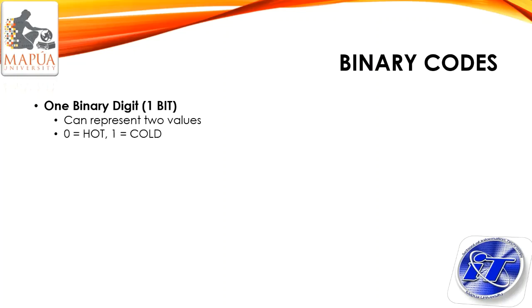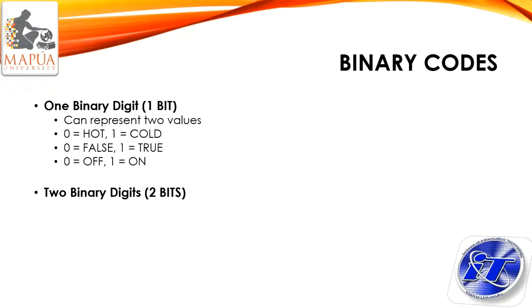For example, 0 could represent hot, 1 could represent cold, or 0 could represent false, 1 represent true. Or if we're talking about a switch, 0 represents off and 1 represents on.